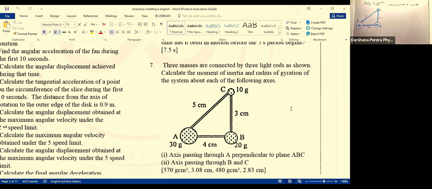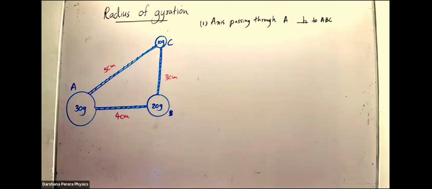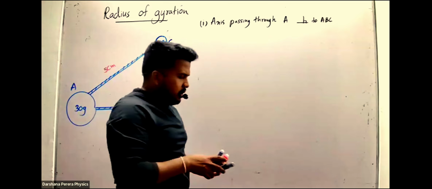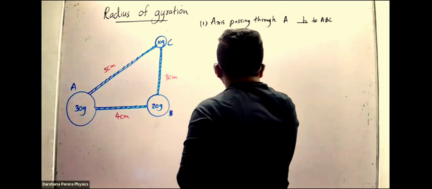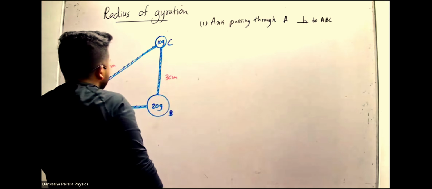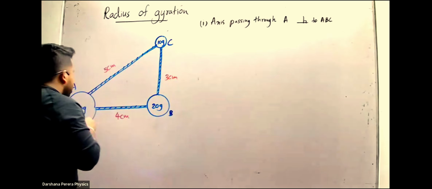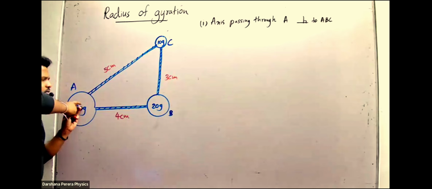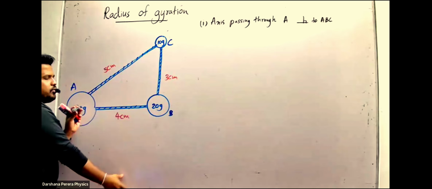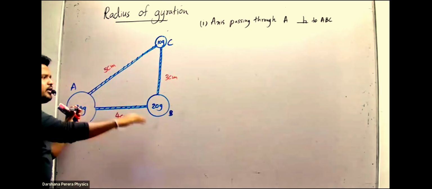How can we find the radius of gyration and the I value? We have to take the I value. The axis passing through capital A, that means this one, perpendicular to ABC. That means the axis like this. The 20 gram and 10 gram masses rotate around it.